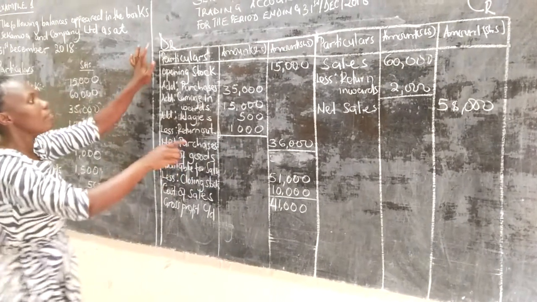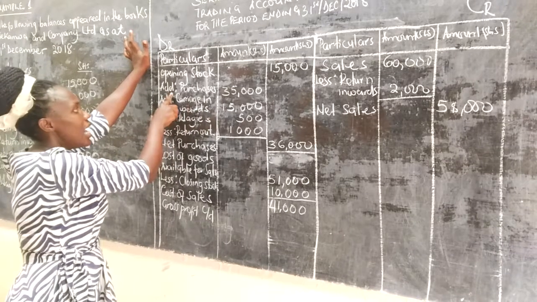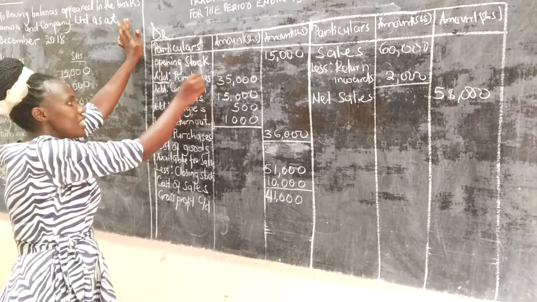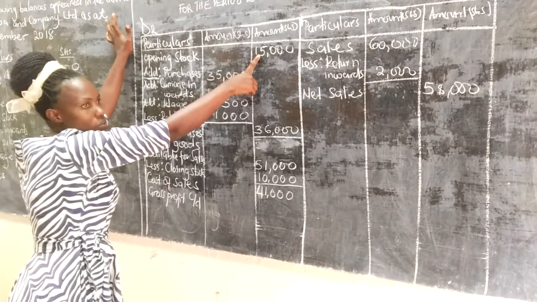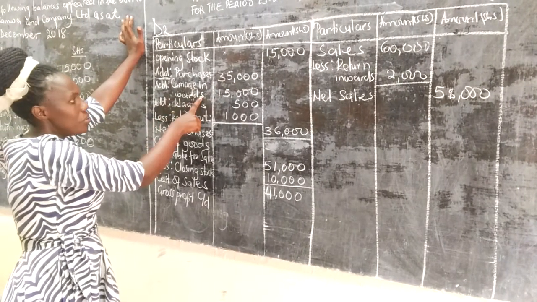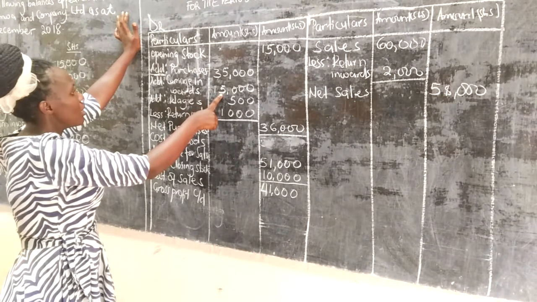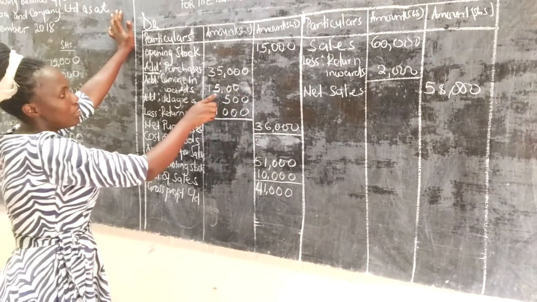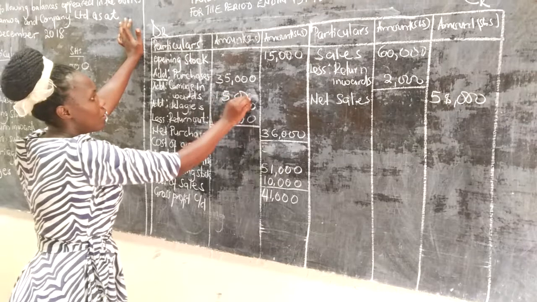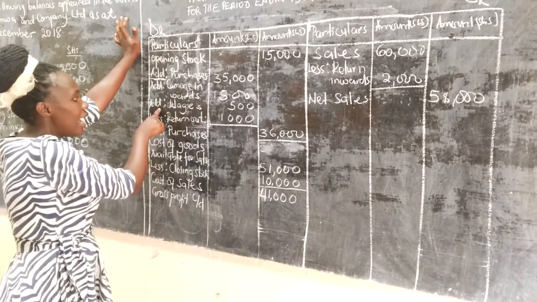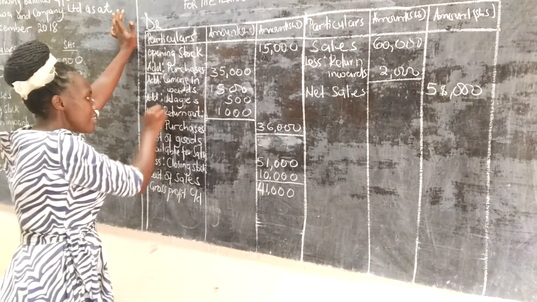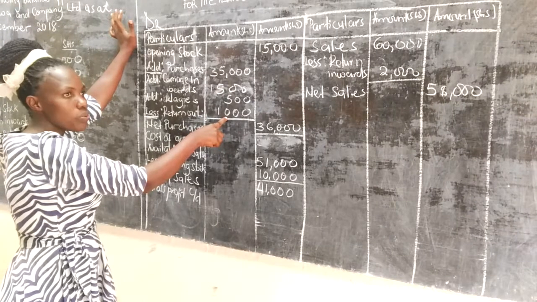Hope it is clear. Now, we are saying add purchases 35,000. The add means we are adding this to opening stock, which is in the second column. So 35,000, we add carriage inwards, which was 1,500, add wages, which was 500, less, take note of this word, less, return outwards, which is 1,000.